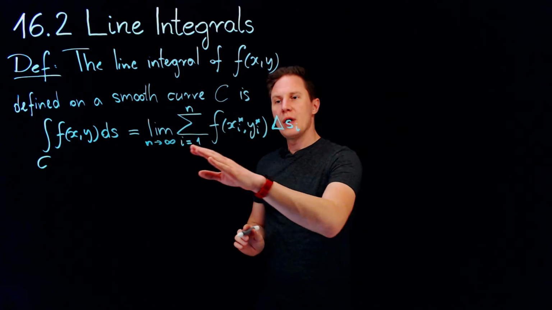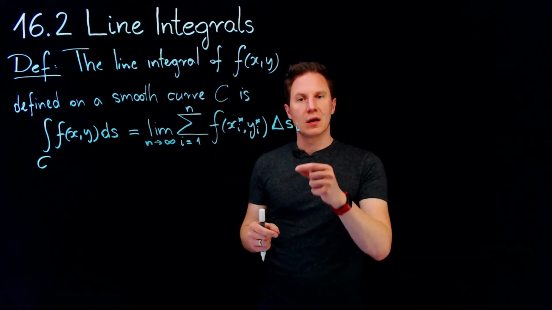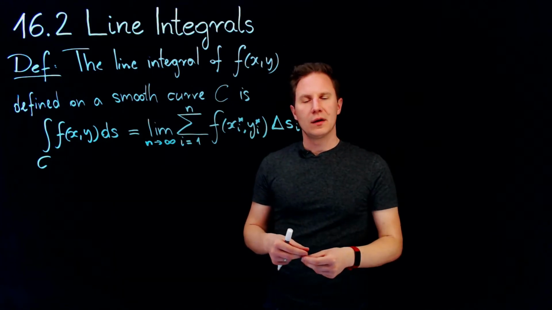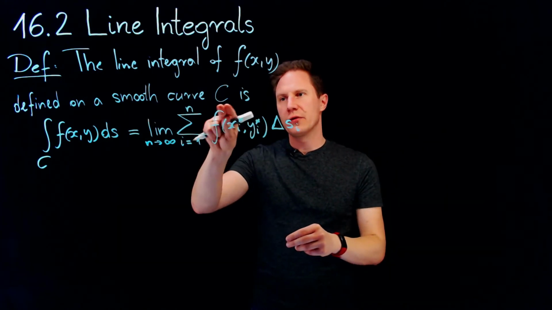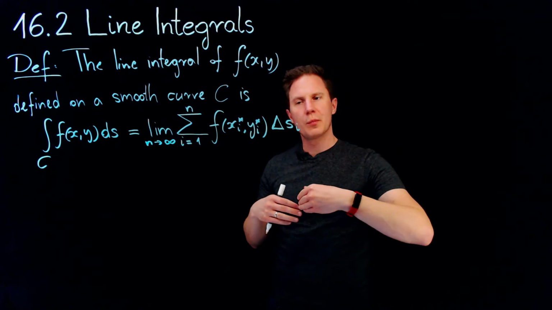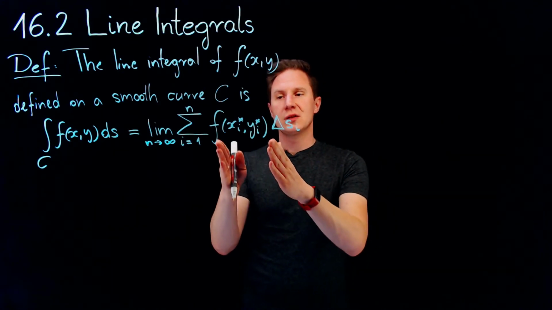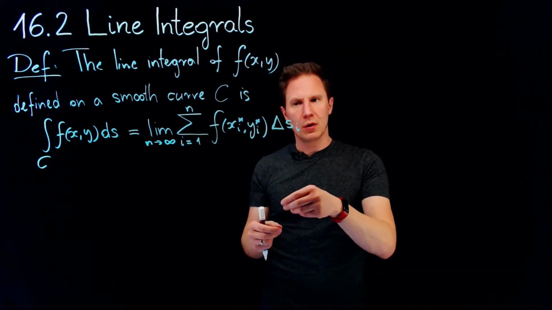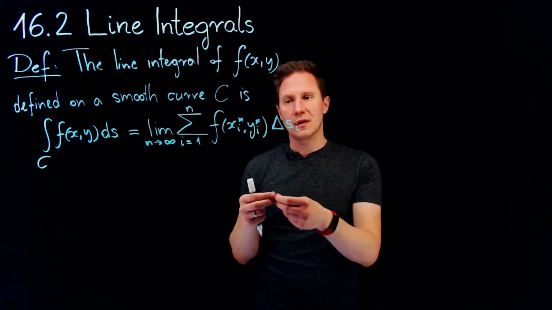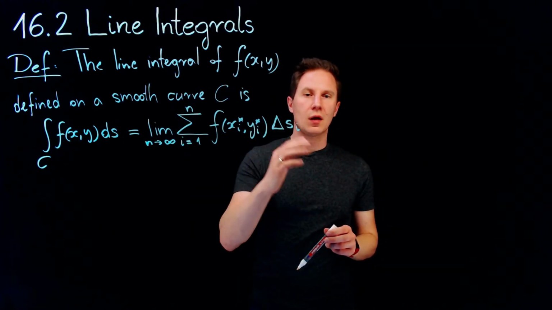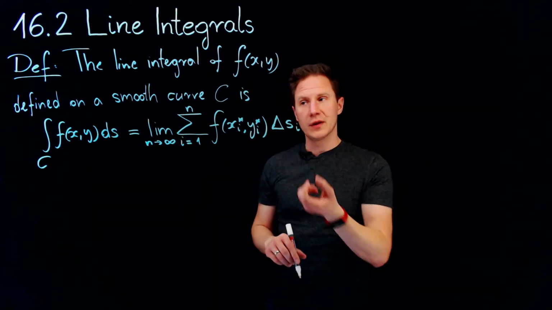So you have to imagine having n points on the curve itself C. So we are chopping the curve up into, let's say, n pieces, and for each piece we take the value of the function along that arc, and we multiply the value of the function with the length of that small piece.